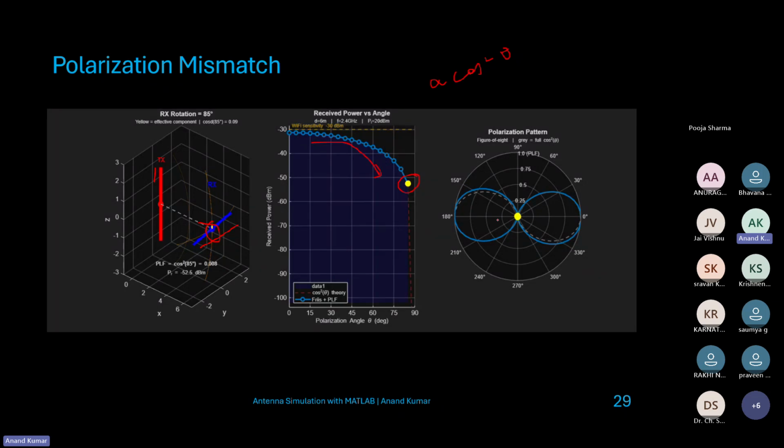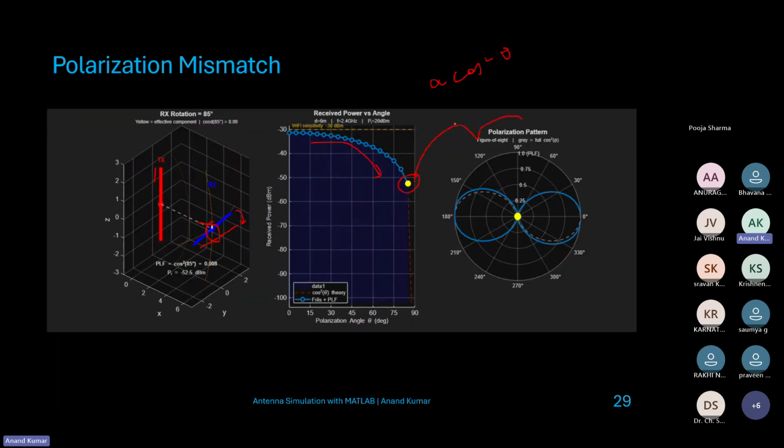And this plot over here shows the polarization loss factor. So at 90 degrees, it's completely zero. If you start rotating again from 90 to 180, this will start increasing. So the plot will look something like this. And then after 180 degrees, it will again start decreasing.